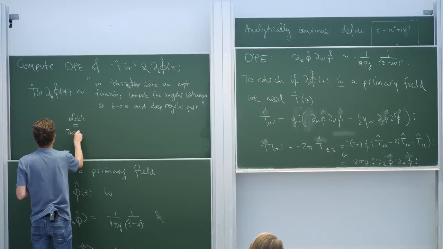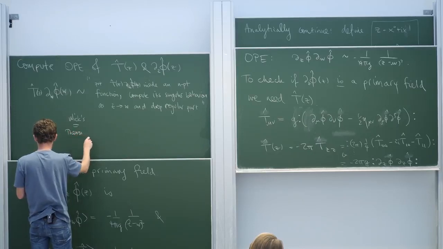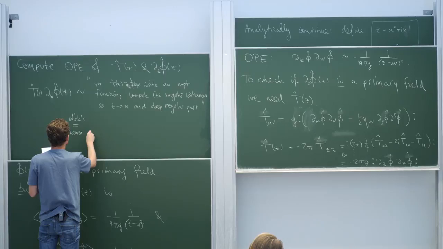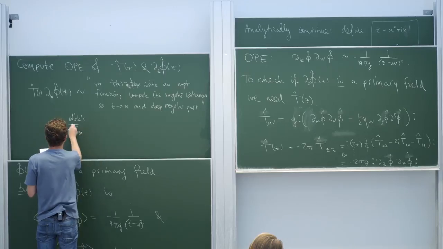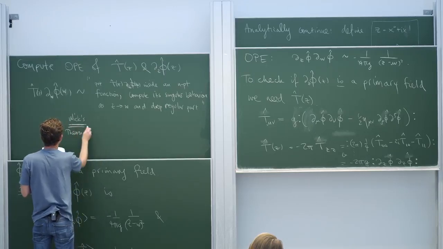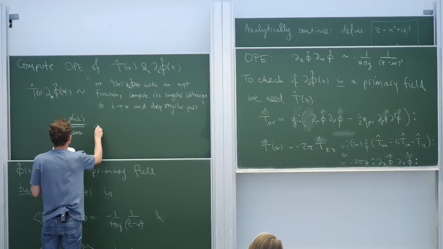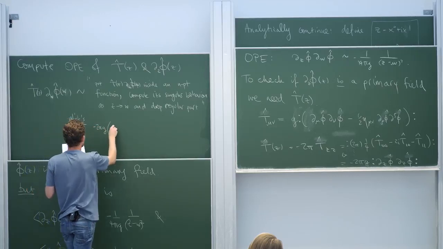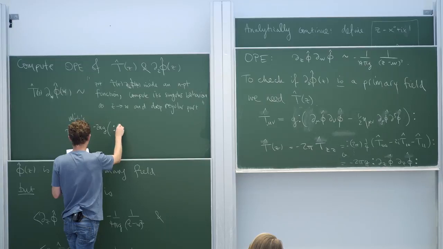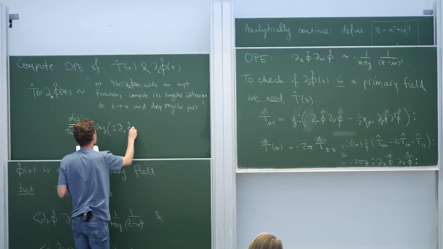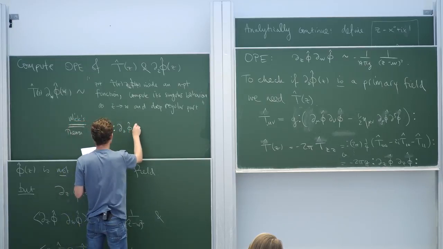So Wick's theorem allows us to do the next step, which is minus 2 pi g. We have this normal ordered expression. Is that dz? Yep.